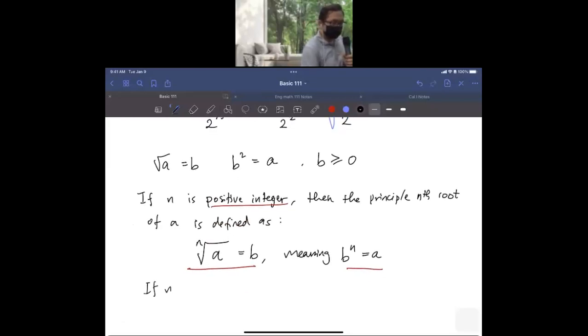Then if n is even, which means 2, 4, etc., then we must have a positive and b also positive. This is when we are going to have all the numbers within the real numbers.